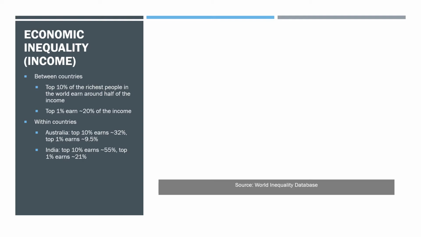And within countries, we tend to see quite significant divergences, partly because of differences in policies, differences in economic conditions, things like that. Inequality between countries has generally been rising.